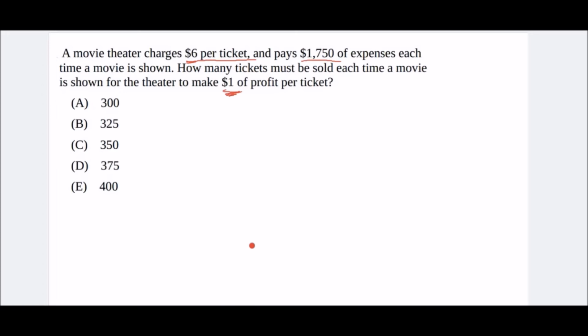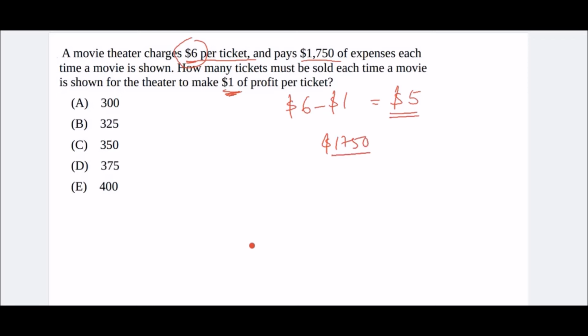The condition is that the movie theater has to make $1 of profit on each ticket, so the cost price for a ticket will be less than $6. That will be $6 minus $1, and that will be $5 per ticket, and their expenses are $750.